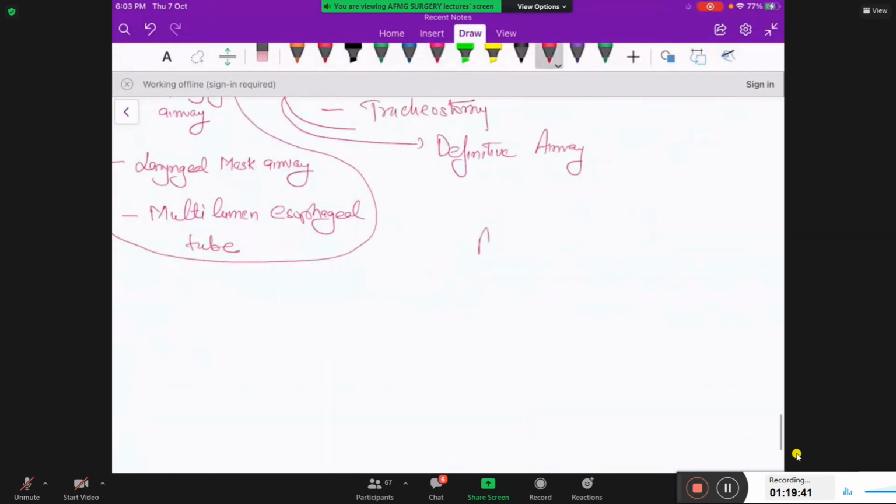It is always airway. So airway is a priority over spine. Please note एक और point.